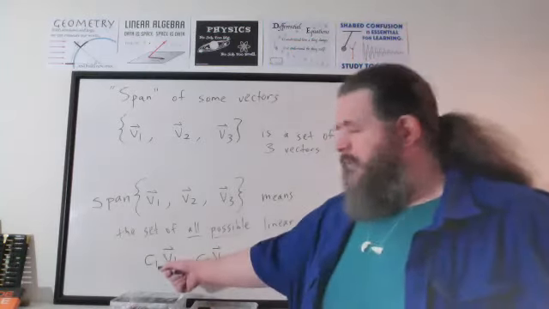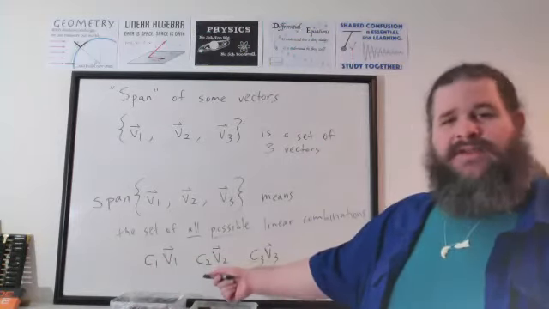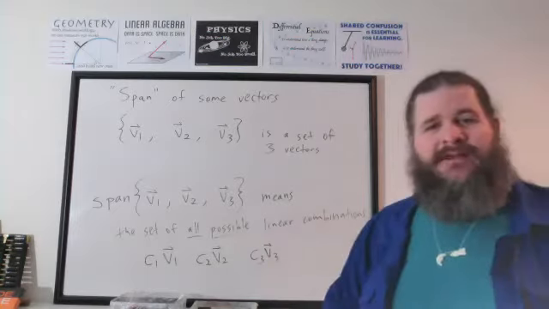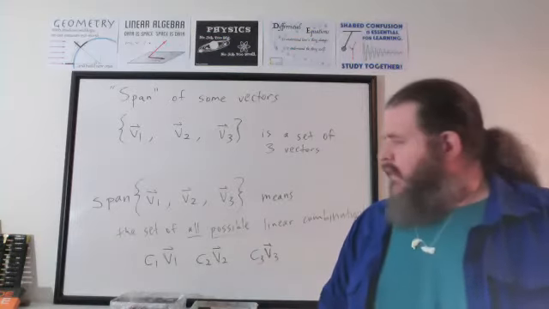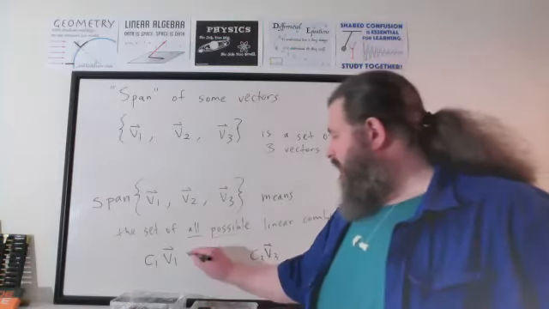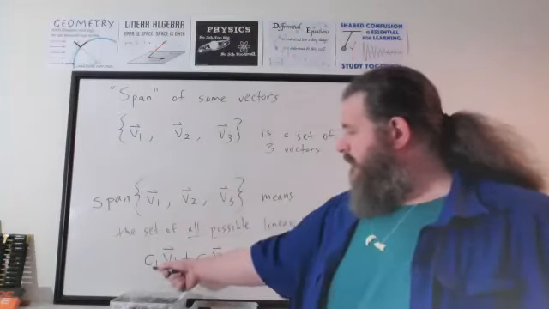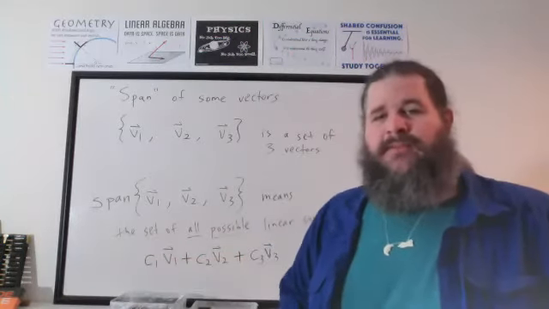So C1 V1 would be a new vector parallel to the original V1. C2 V2 is parallel to V2. C3 V3 is parallel to V3. We can also combine these to get a new direction by adding them together. So if you take some multiple of the first vector, and by multiple, it doesn't have to be a whole number multiple.